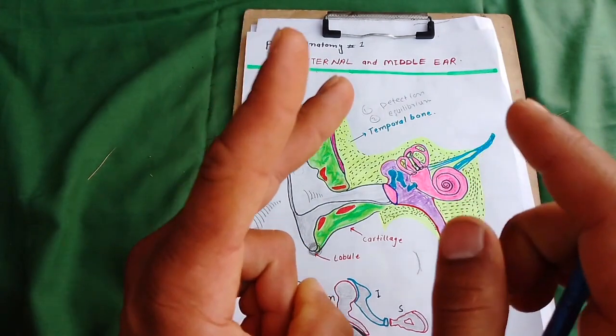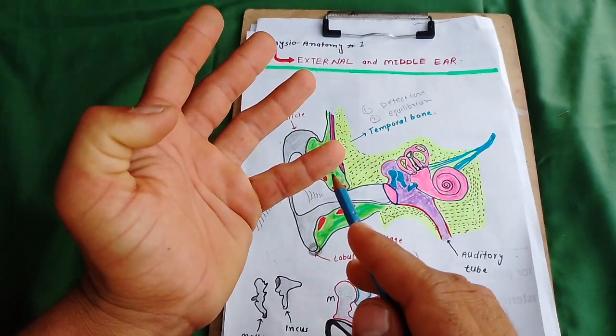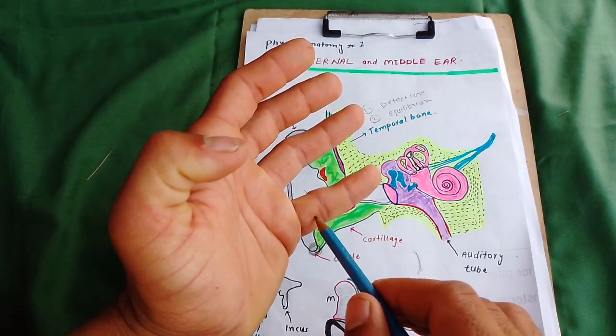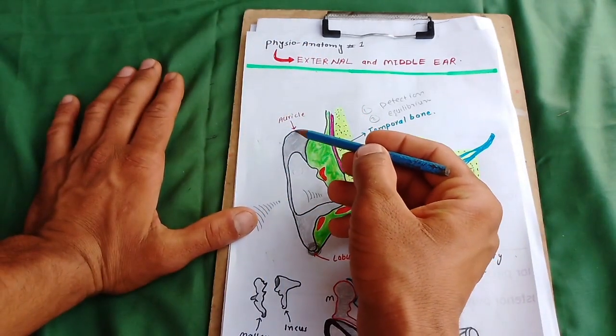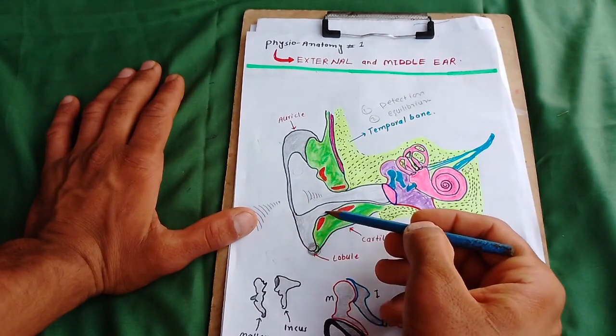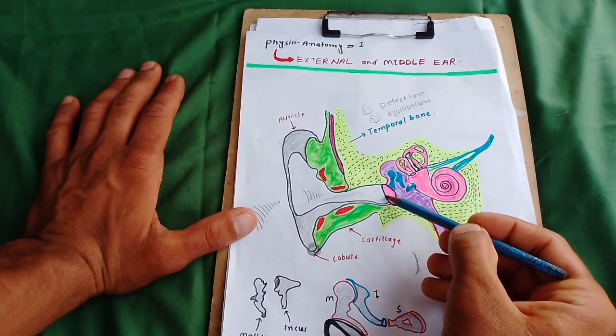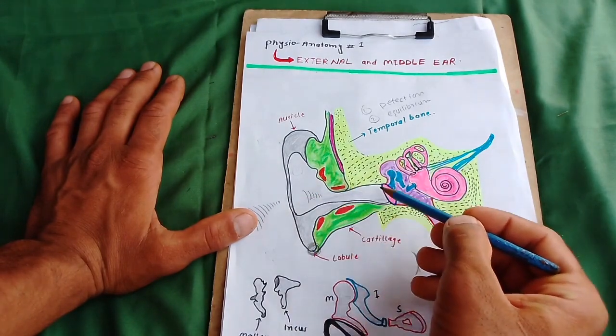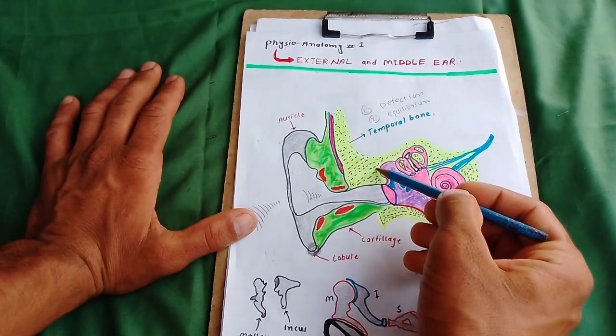The ear consists of 3 parts: the external ear, the middle ear, and the internal ear. From the ear pinna up to the eardrum, this whole structure is called the external ear.